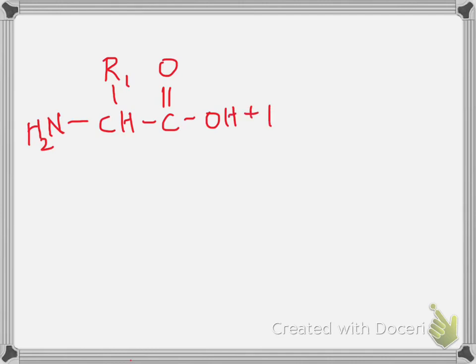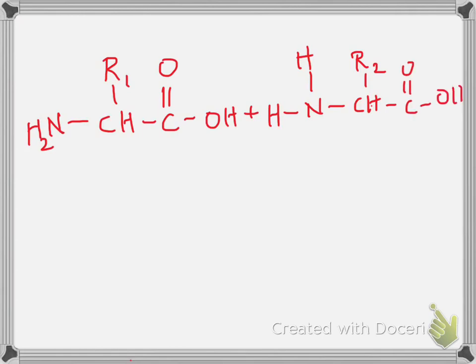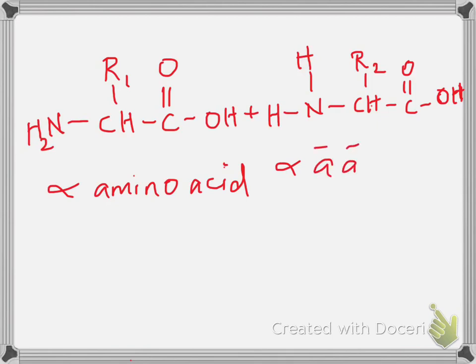And the next amino acid: NH2, CH R2, C double bond O, OH. So these are two alpha amino acids. Here the reaction is between the COOH group and the NH2 group.